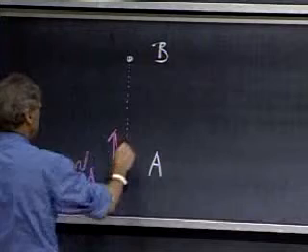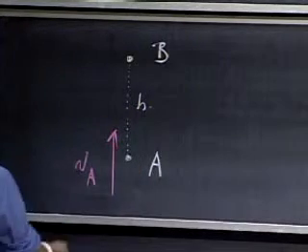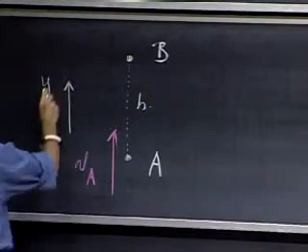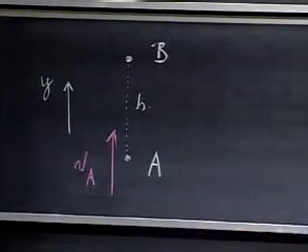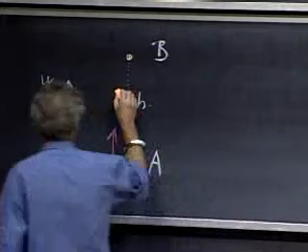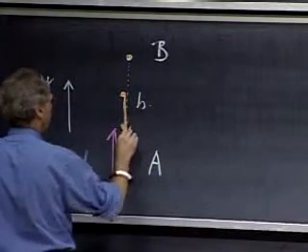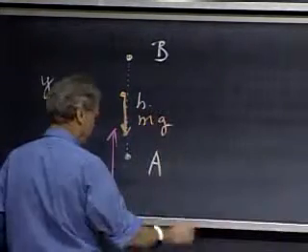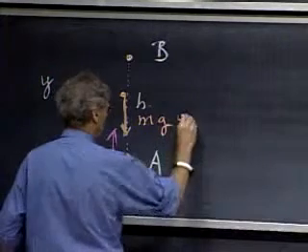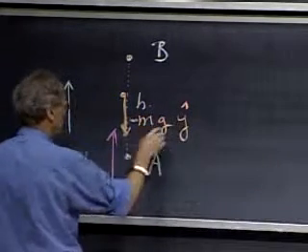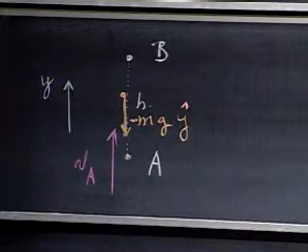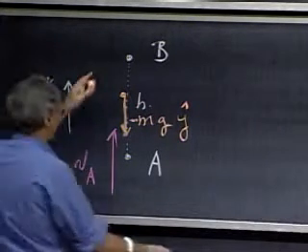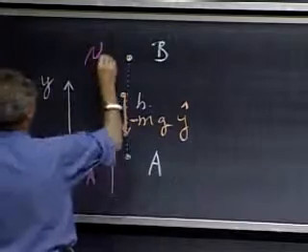And let the separation be h, and this could be my increasing y direction. The object has a mass m, and so there is a gravitational force, which is mg, and if I want to give it a vector notation, it's mg in the minus y direction, because this is my increasing value of y. When it reaches point B, it comes to a halt.